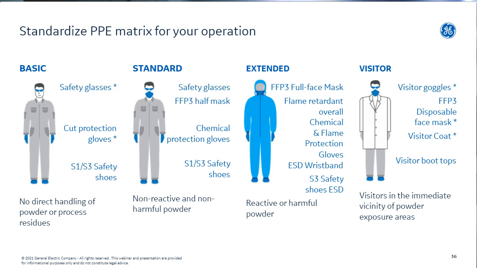When you change the powder in the machine, you apply a very high standard for your PPE, because you then have a full cover, as an example here, a full face mask, coverall, fire retardant gloves, ESD wristbands, etc. But when you just move it around in a bottle or something like that, it's okay to have standard or basic PPE. So have a good understanding of your PPE matrix for your site, and communicate it to your employees so they understand when to wear the full PPE and when not.